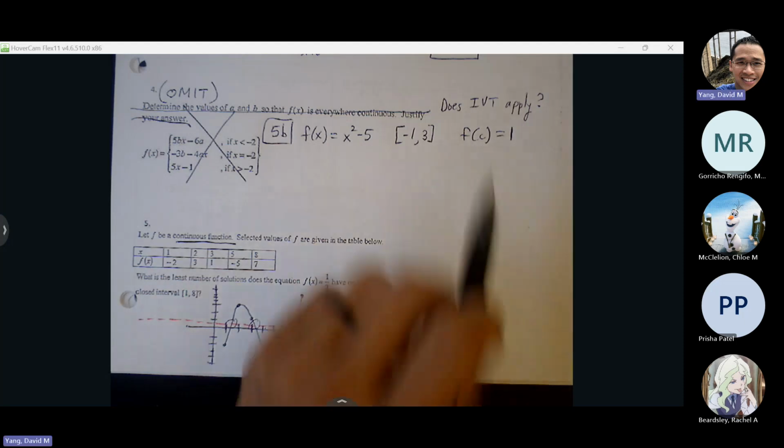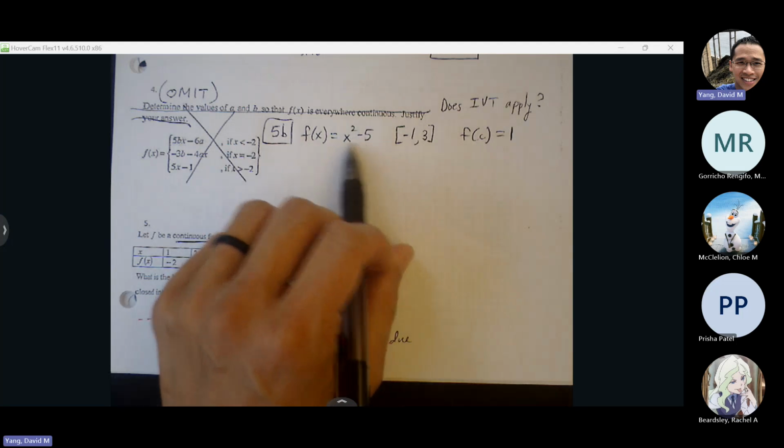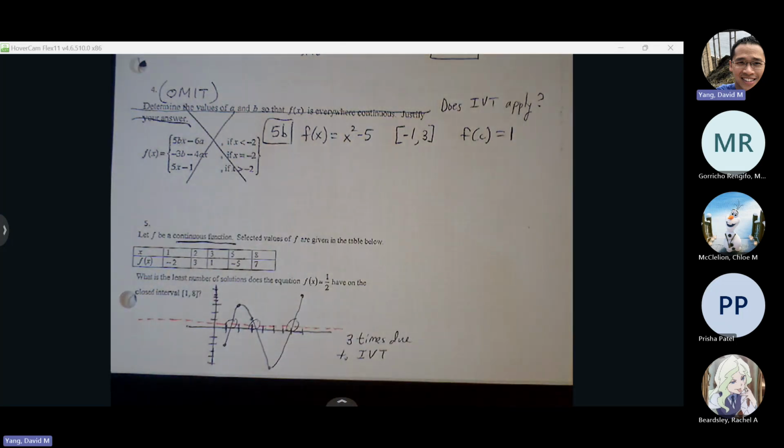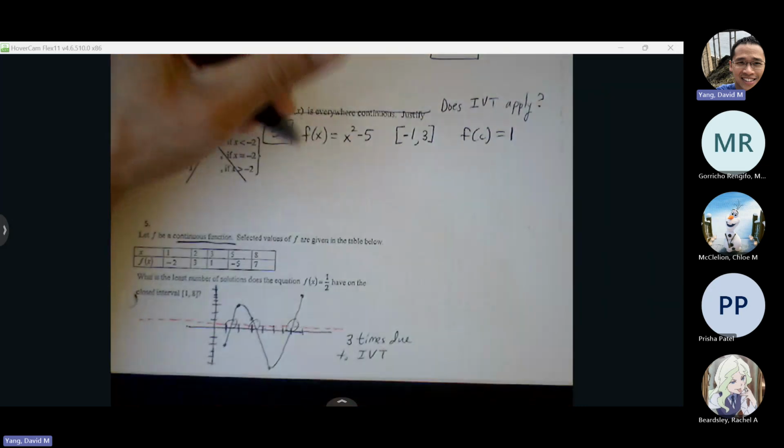So does IVT apply? Our function is a polynomial, so there's no variable in the denominator to worry about discontinuity. So there's no potential issues that can cause continuity to fail. So we have to make our statements.